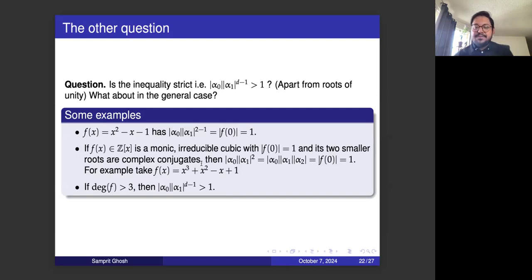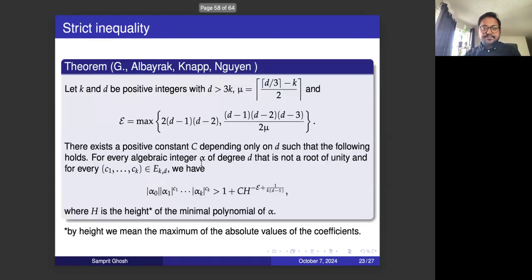And of course, we proved a more general result, which I'll show you next. So here's the result. Suppose k and d are positive integers with d strictly bigger than 3k. Take mu to be this integer, the ceiling of d minus 3 minus k over 2. Let E be the maximum of 2 times d minus 1 times d minus 2, and d minus 1 times d minus 2 times d minus 3 over 2 mu.